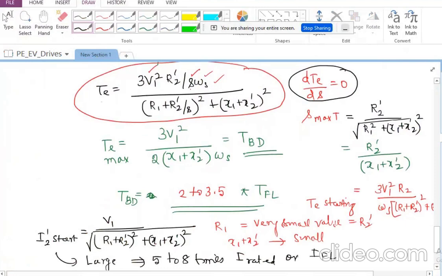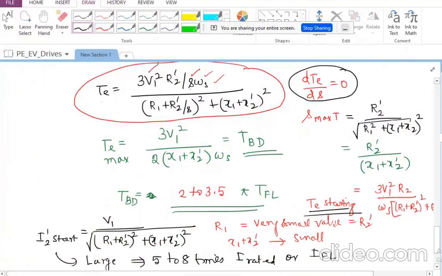So the current is going to be really large, but the starting torque will not be commensurate with the starting current. What I mean is your starting current may be 5 times or 8 times, but the starting torque is not going to be 8 times the full load torque. There is no way.